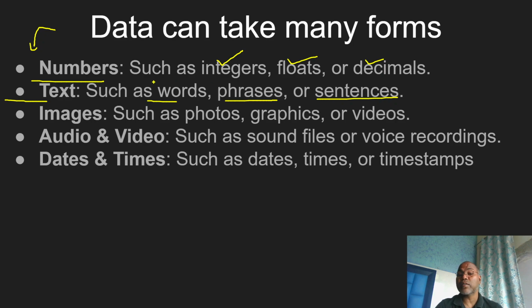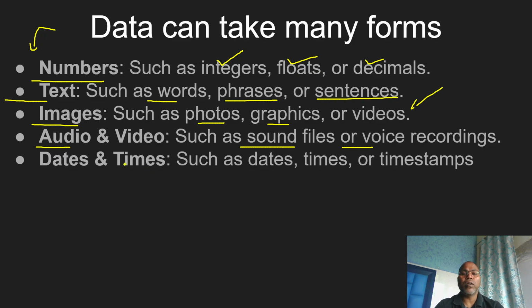Data can be text. Nowadays data can be images, your photographs, your graphics, your painting, even your video, audio, everything. Audio such as sound or voice, video recording, audio recording, sound recording, all are the data, all are the information.